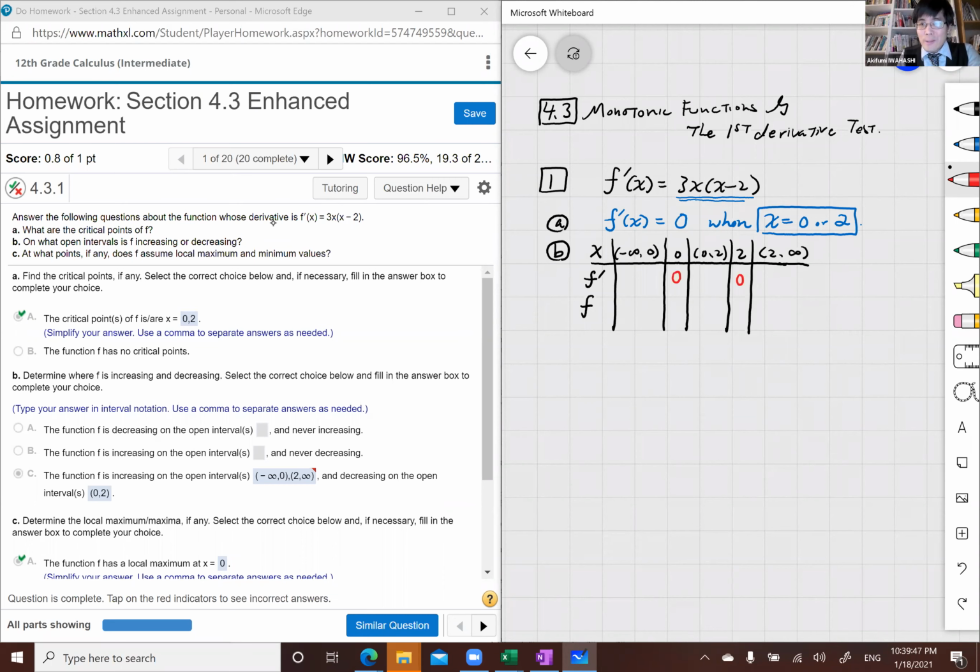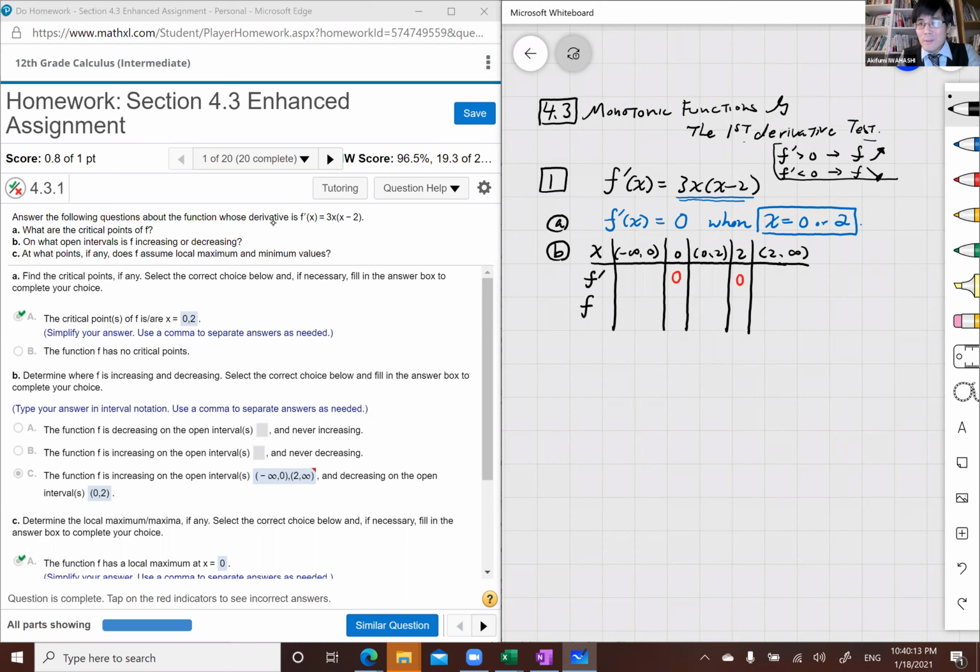Now, how do we find whether the function is increasing or decreasing? That's what the first derivative test is. The first derivative test says if f' is positive, then f is increasing. And if f' is negative in the interval, then f is decreasing in that interval.